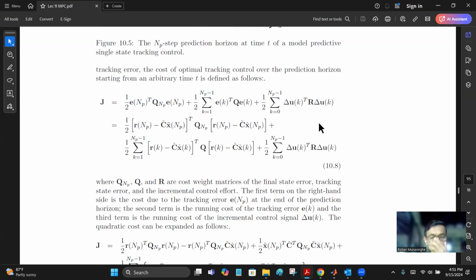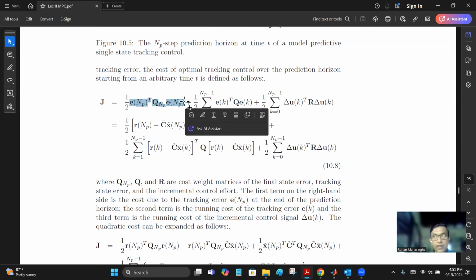Plus you have the second term, half sum from k equals 1 to NP minus 1, all running errors in the process from 0 to that point. NP is the last step, the end of the horizon, but the summation goes only up to NP minus 1, one step before that.